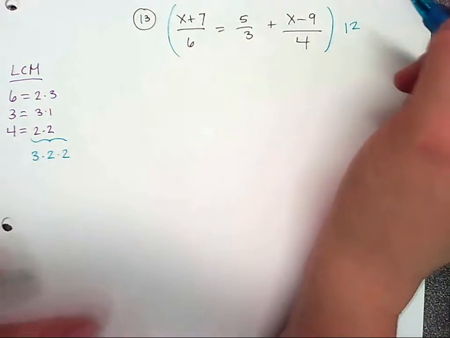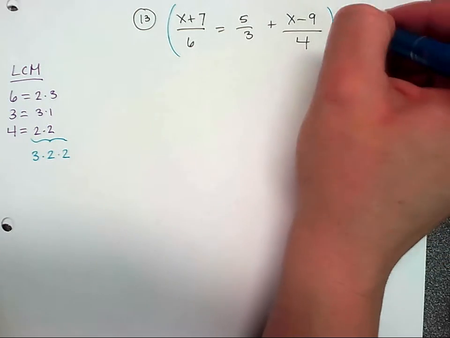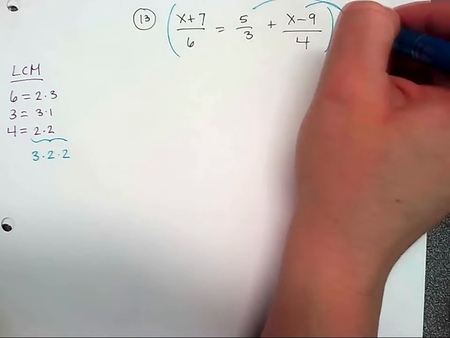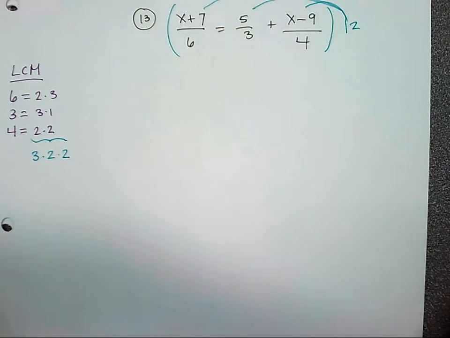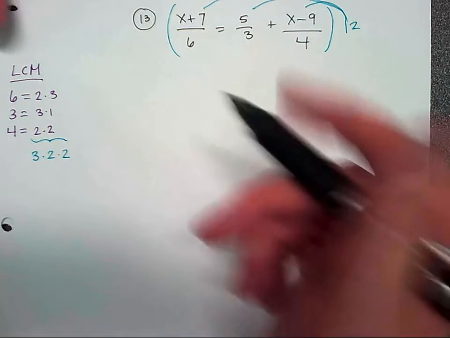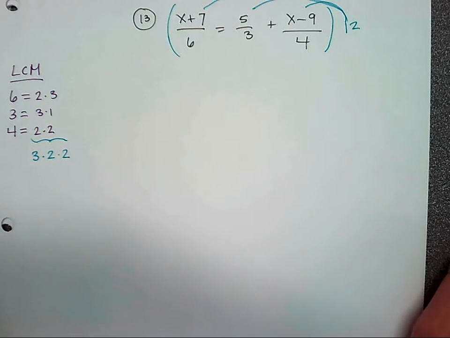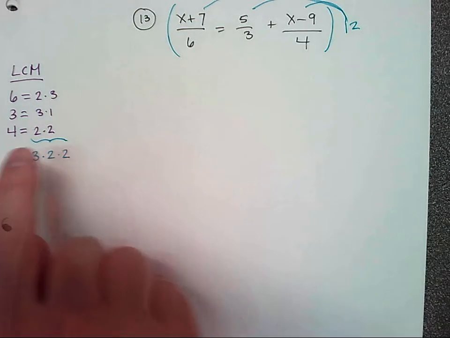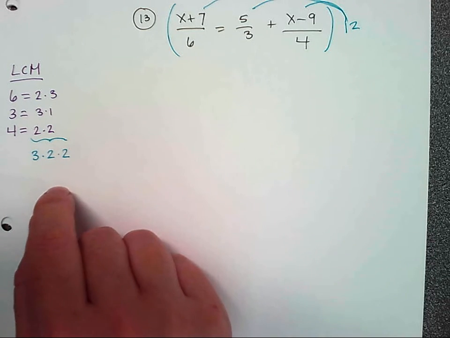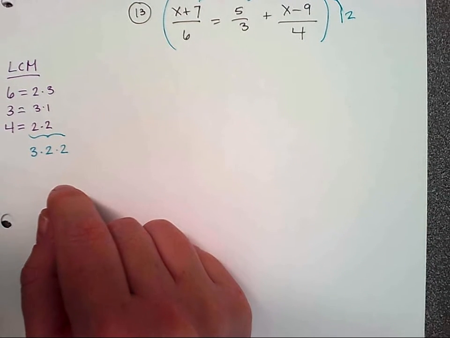So I'm going to multiply everything by 12. I'm going to write out that step. I have a question. Yep. On the test, do we have to write out like that? Yes. No. Okay.